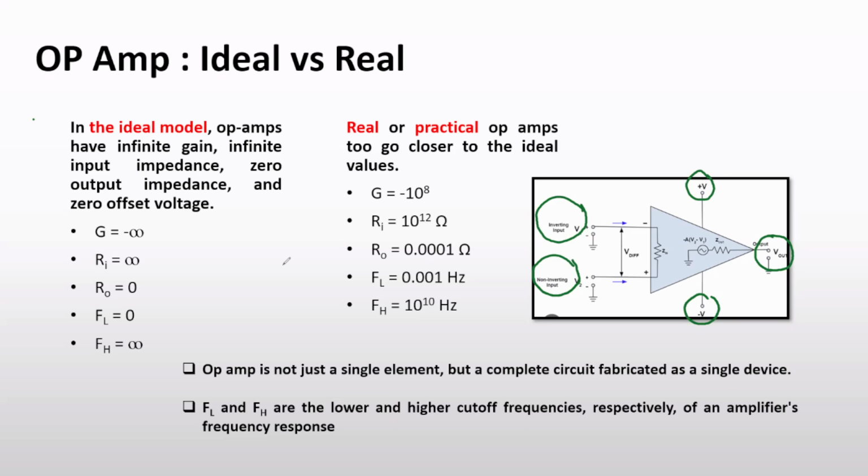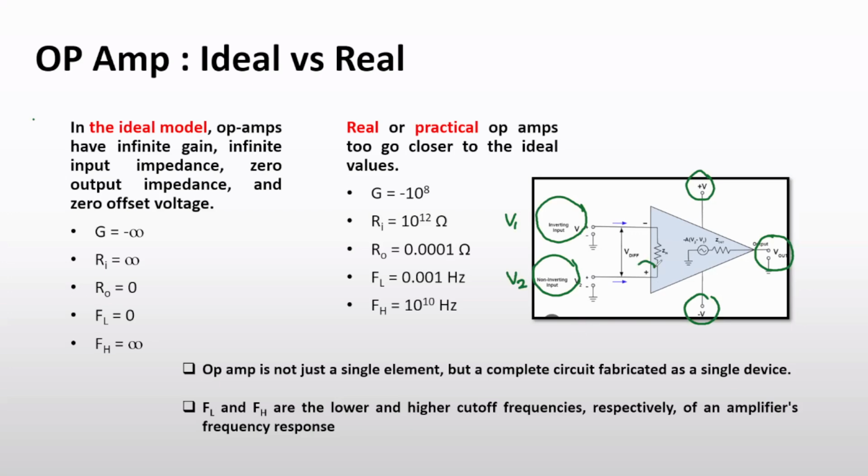Okay. Then normally in an op amp, let's take the inverting input as V1 and the non-inverting input as V2. An operational amplifier always multiplies the difference between these inputs and gives it as the output.